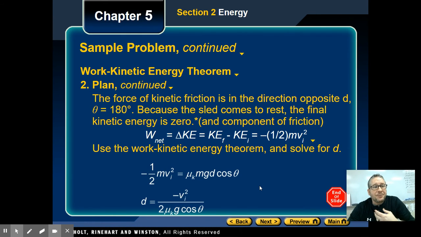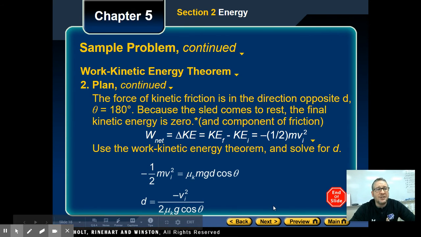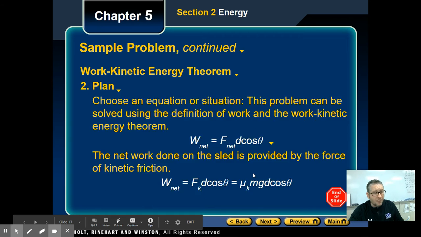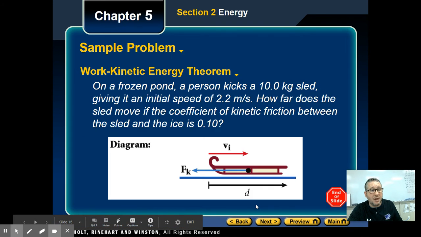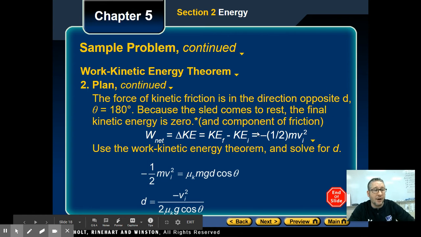Next thing is we have to look at the change in kinetic energy. We saw this set up. I'm going to go back a few slides here, okay, where net work is equal to 1/2 m vf squared minus 1/2 m vi squared. But in this instance, since our final speed is 0, that means this whole half of the formula will be 0, and we're just left with this negative 1/2 m vi squared, as we see right here.